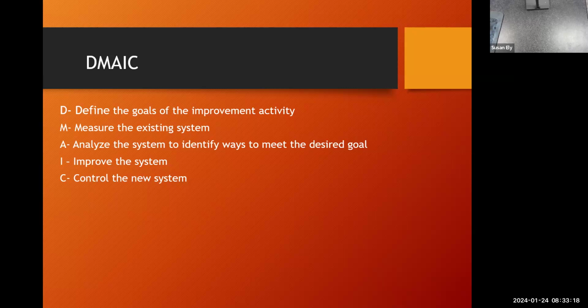There are multiple of these structures. We're doing DMAIC. There's also DMEDI, which is for a research-based opportunity. So you're not necessarily looking for the same outcomes in a research situation. And DMEDIV is used in logistical settings. So different industries have tailored this slightly to their own needs.